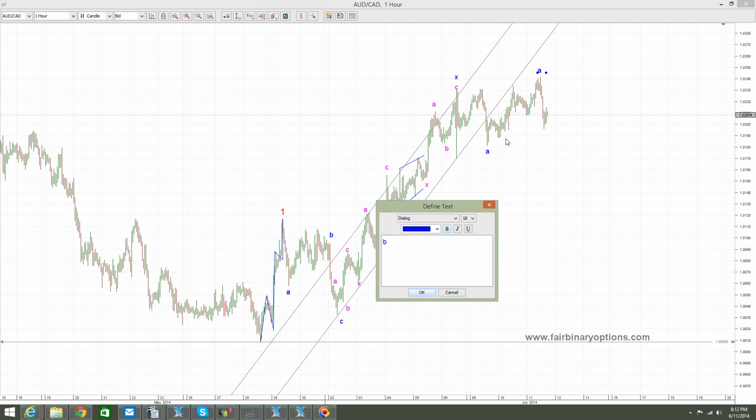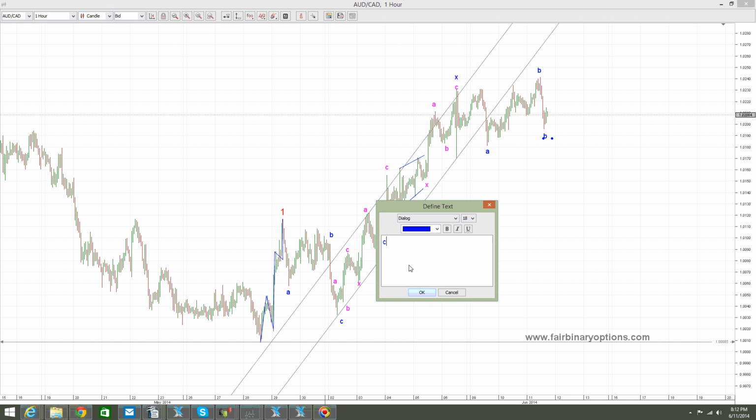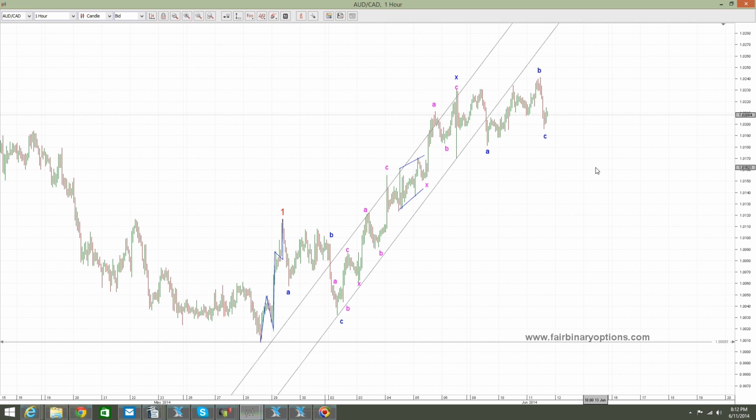Then we have a C wave that goes with this one being the case. So A, B, C. What I'm trying to say is that it depends very much on what the market is going to do from this moment on, but this looks to be a double 3 running and an extended move to come.